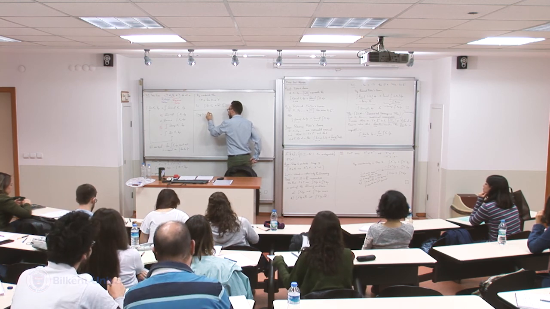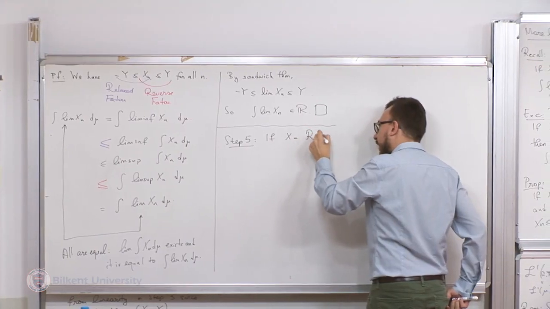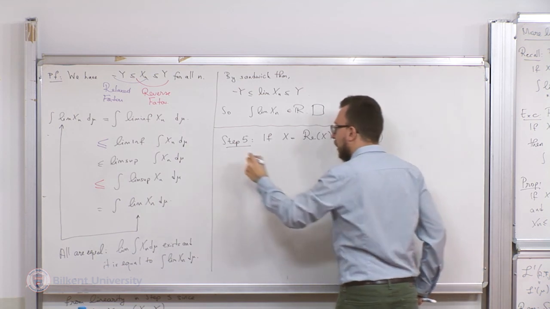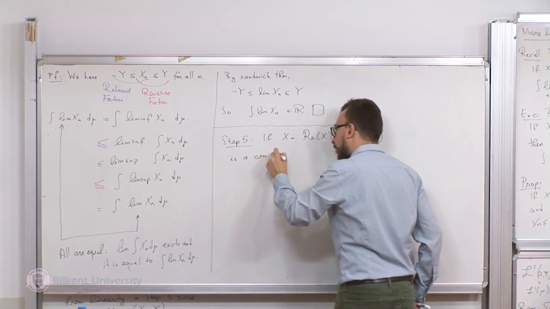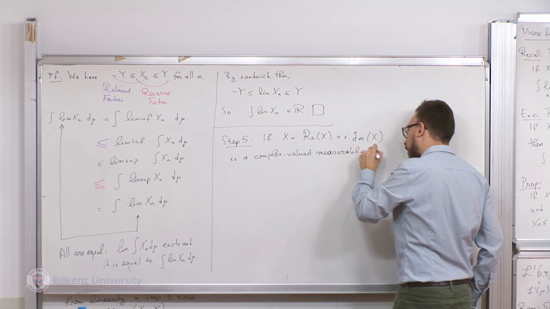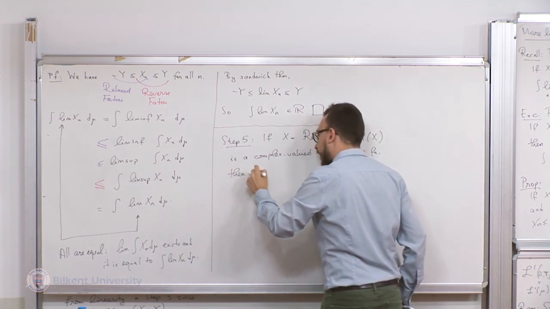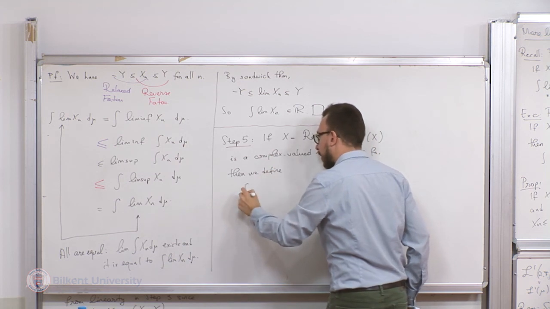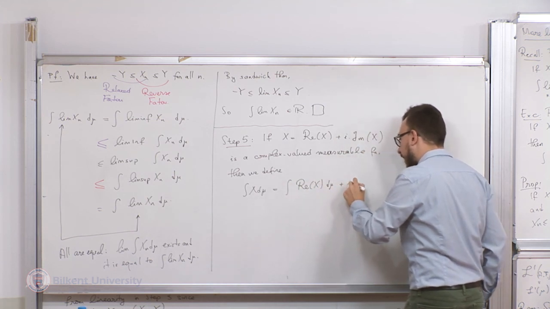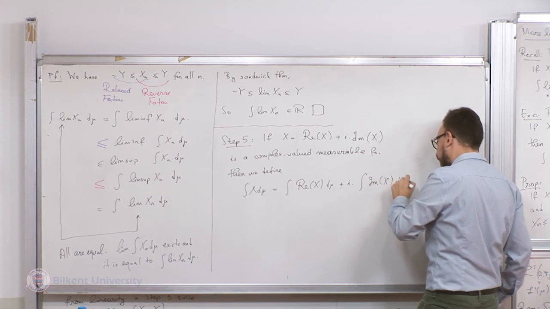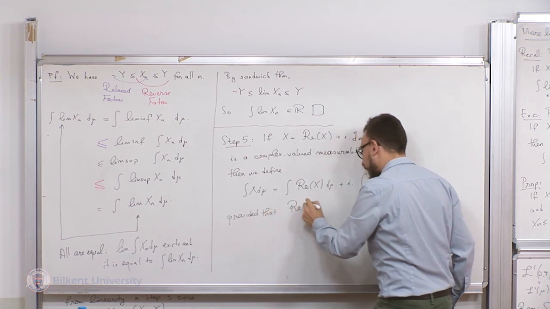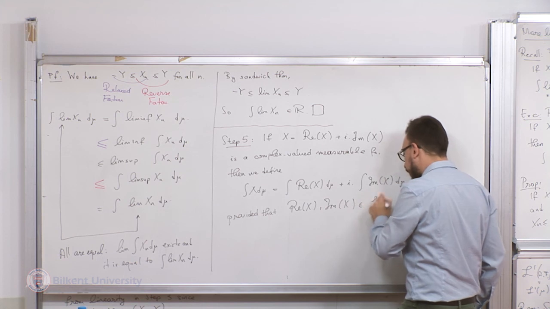So if x is the real part of x plus i times the imaginary part of x, a complex valued measurable function, then we define the integral of x d mu as a complex number, which is the real part of x integrated plus i times the imaginary part of x integrated, provided that both the real and imaginary parts are integrable.